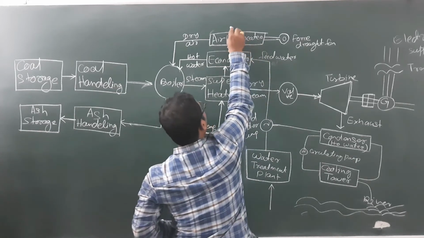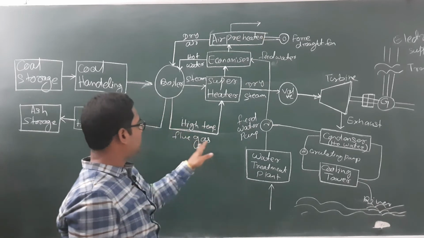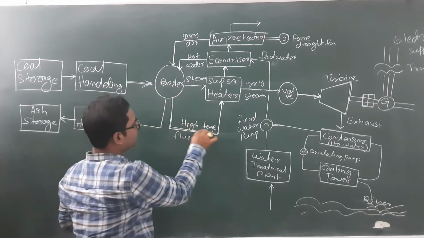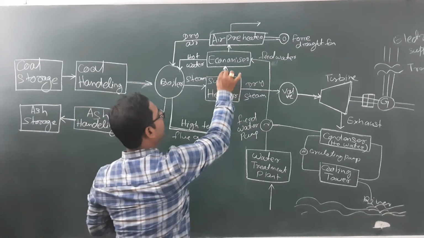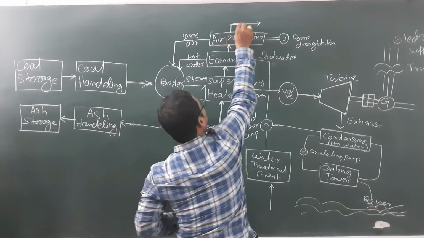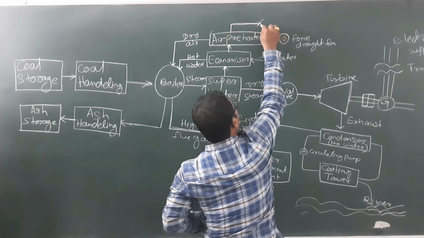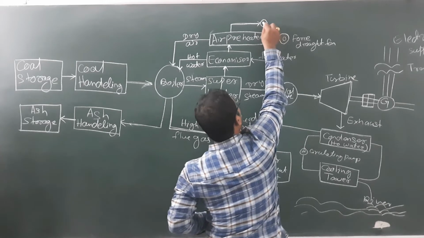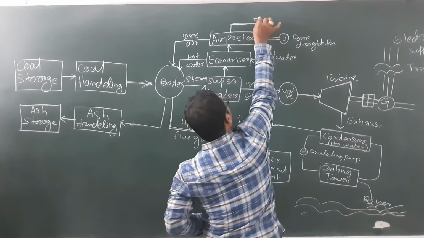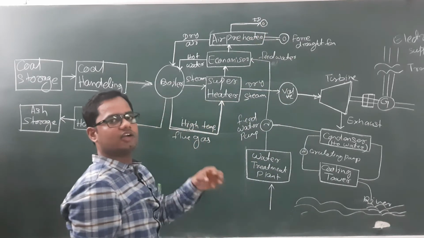After the useful work of your flue gas, this will be the path of the flue gas. After that, your flue gas will get out through your chimney. But here another fan is present, that is called the ID fan, the induced draught fan.